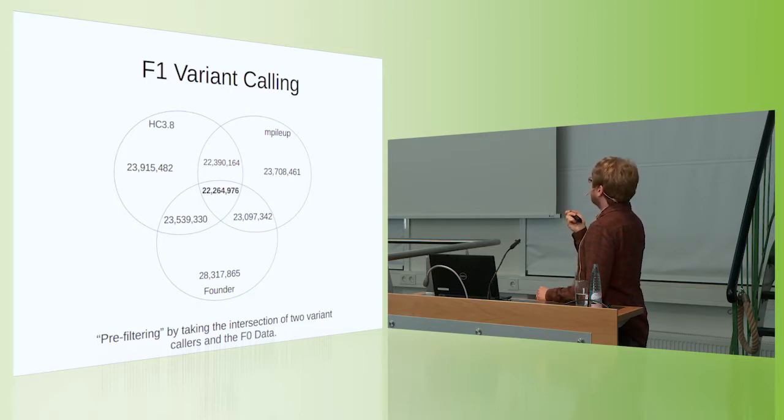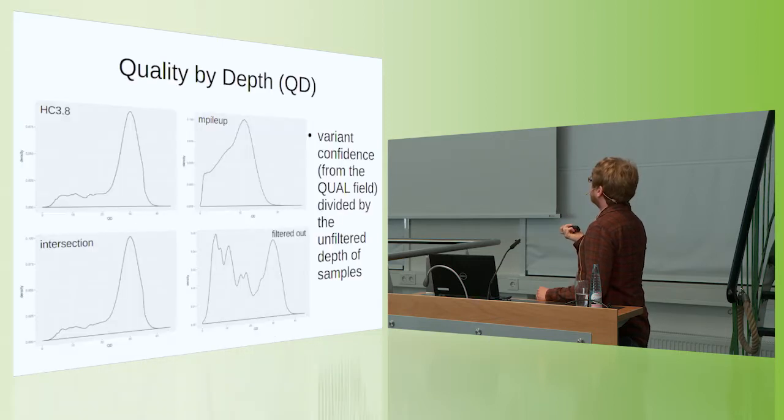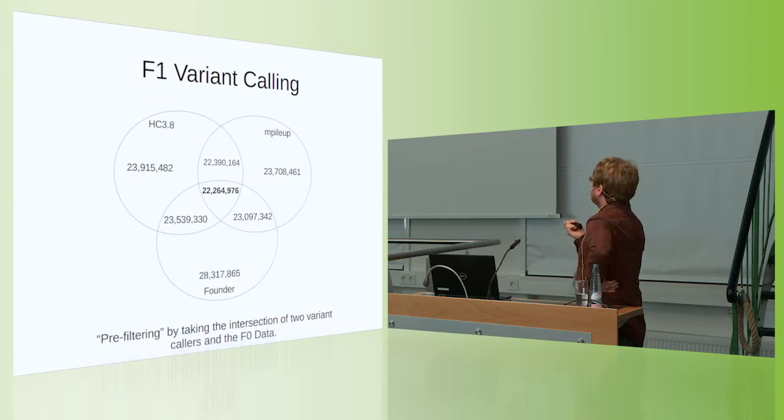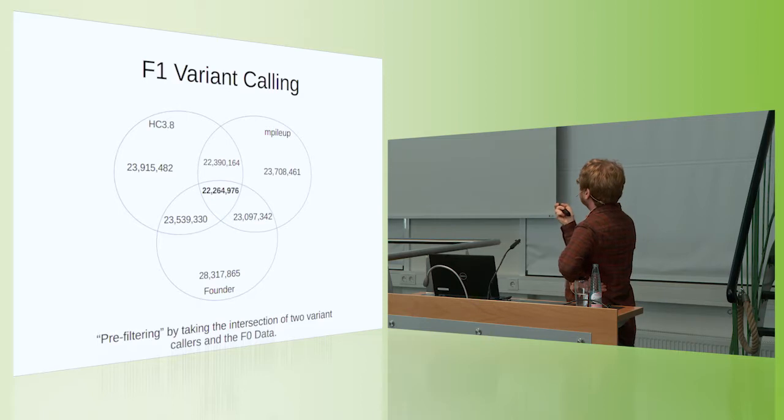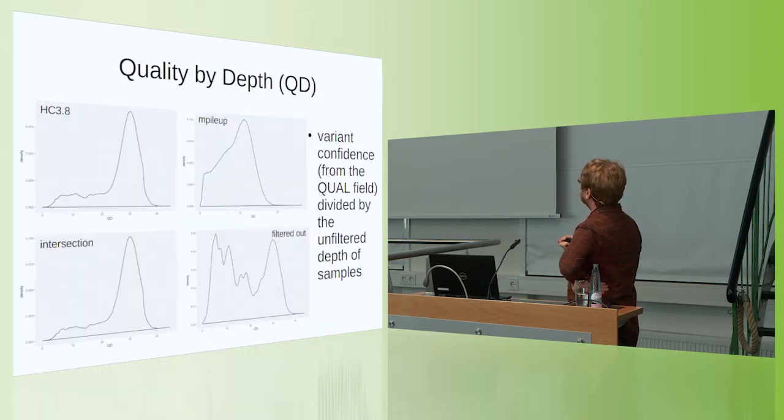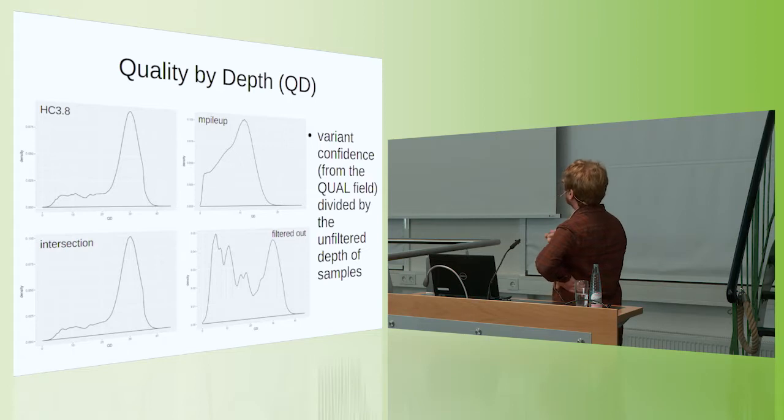So unfiltered SNPs were about 22 million for the F1 data set. To show you what kind of impact this step has on the data, the plots you're going to see are basically these variants that are the intersection between the two variant callers. And this is the interesting part.